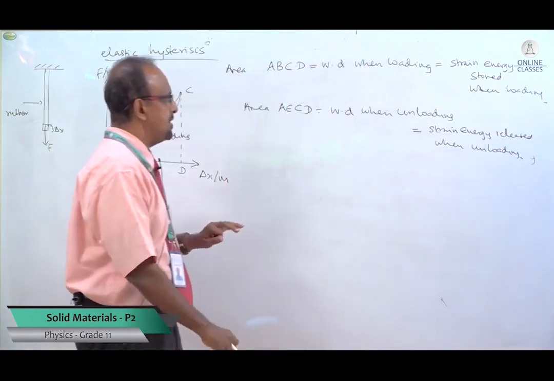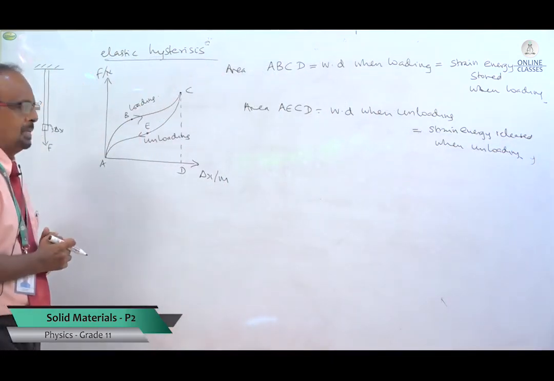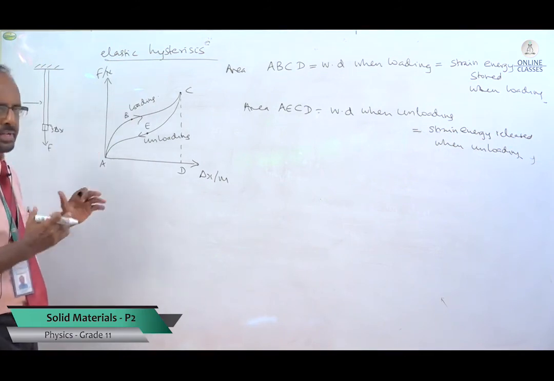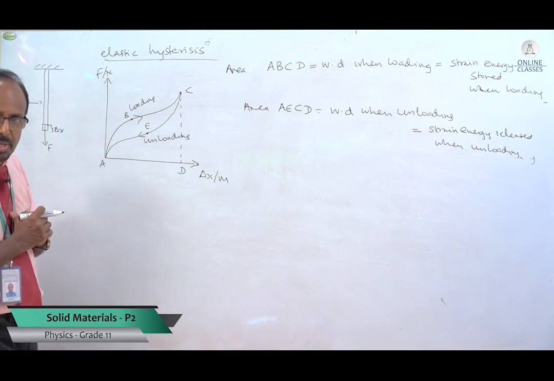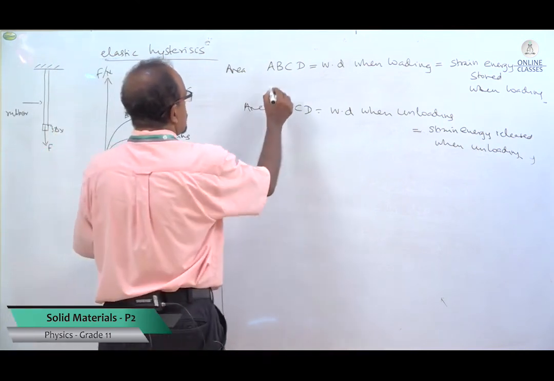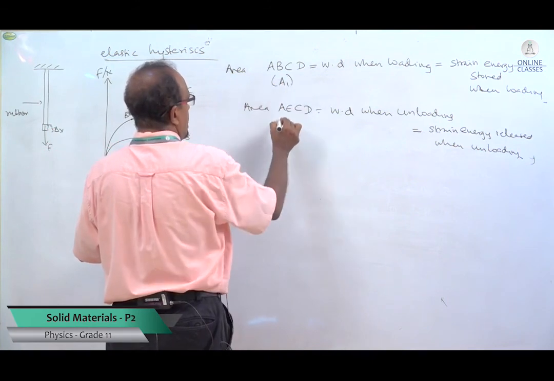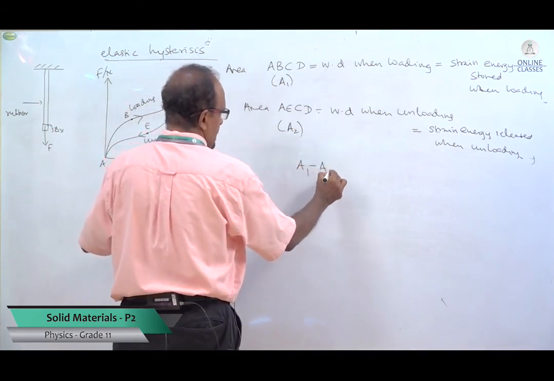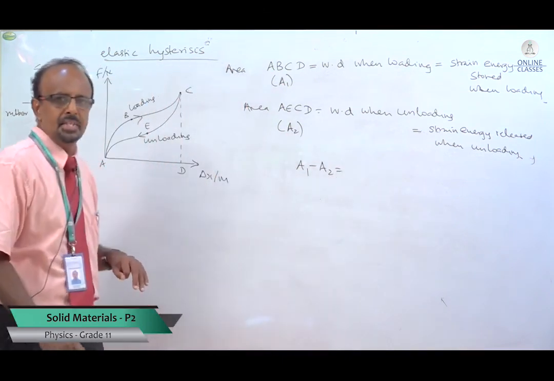You can see that the work done when loading is greater than the work done when unloading. That means you can say the difference between these two areas, I will take A1 and A2, is A1 minus A2. What is A1 minus A2?